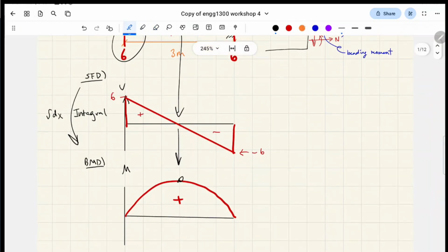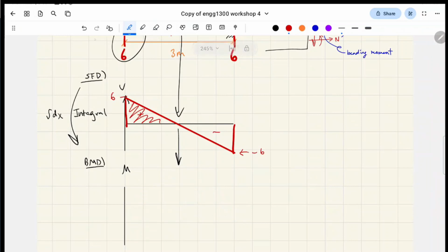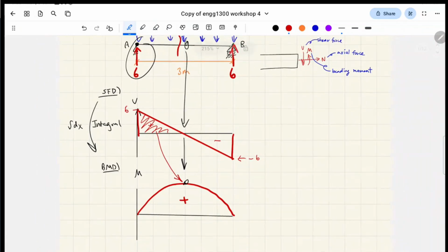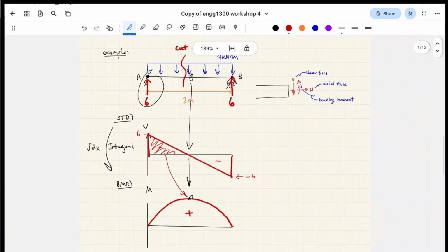Whatever area this triangle is equals that point on the bending moment diagram. So the max bending occurs in the middle for a simply supported beam with a uniformly distributed load, and the max shear happens at the supports. That's how they're interlinked.